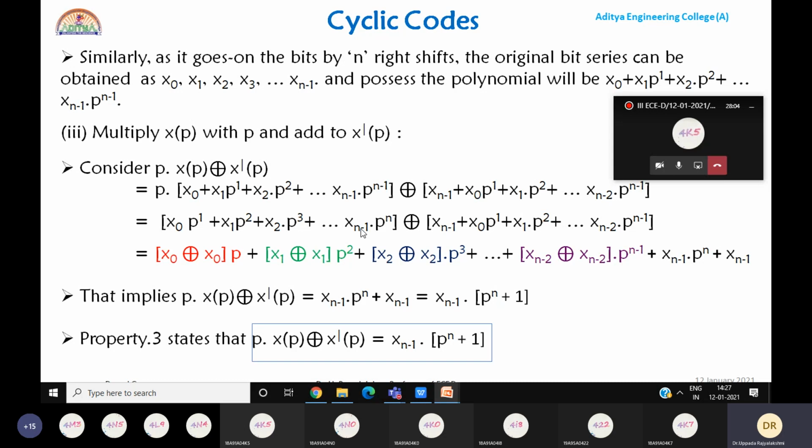What are the leftover parameters? xn minus 1 into p power n plus xn minus 1. Here the leftover value is xn minus 1.